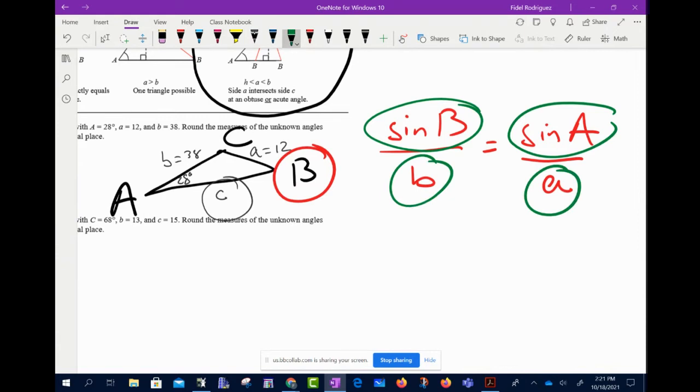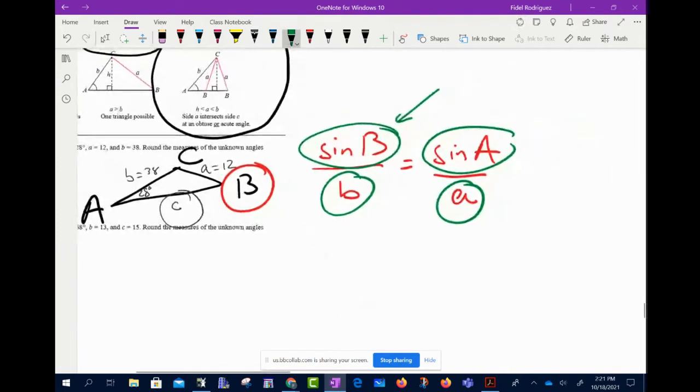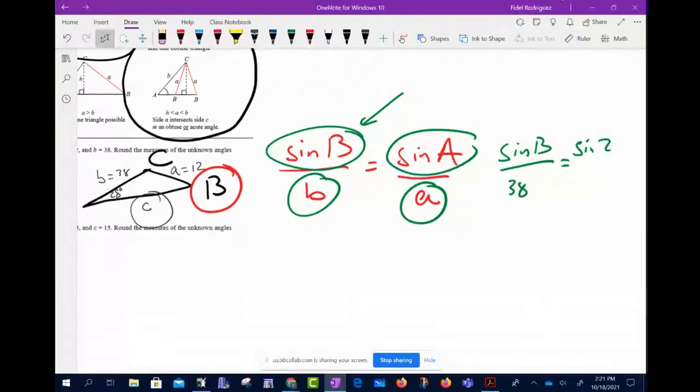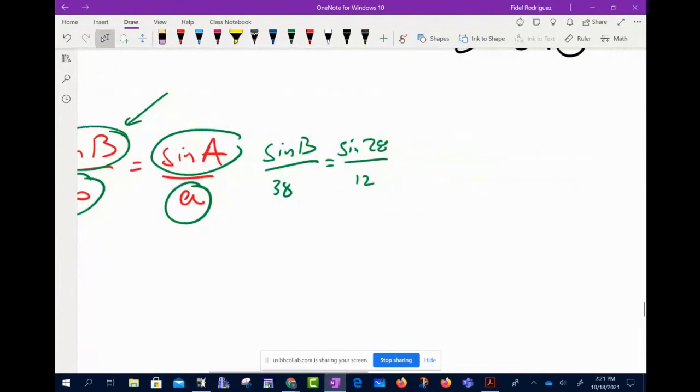So now let's see if we can figure something like this out, and we're going to solve for the sine of B. I'm going to say the sine of B over little b, which is 38, is equal to the sine of A, and A we know is 28 degrees, over little a, which is 12, okay? Just like we did before, y'all, I'm going to multiply both sides by 38 so I can get rid of that guy.